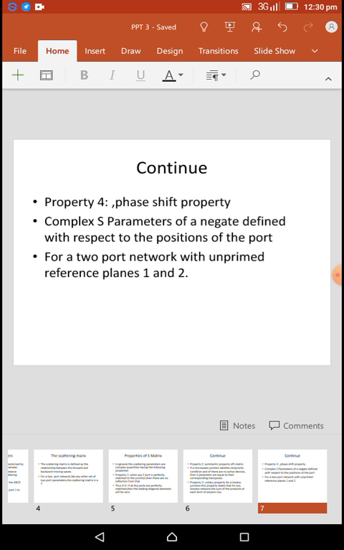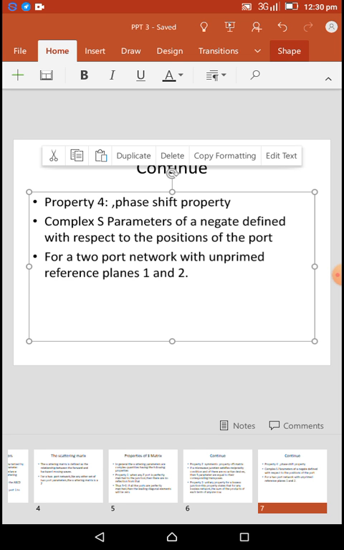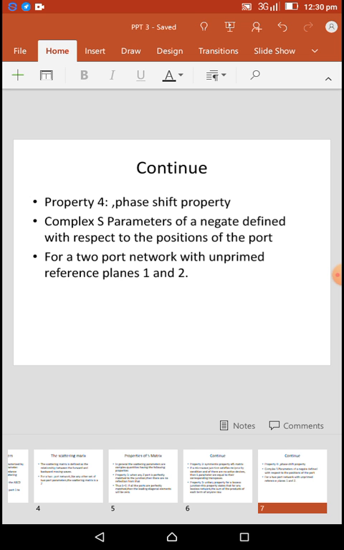We'll repeat again properties 1, 2, 3 and 4. In property 1, the important rule is that if all the ports are perfectly matched, then the leading diagonal elements will all be 0. The second one is the symmetric property: if there are no active devices, then the S parameters are equal to their corresponding transposes.